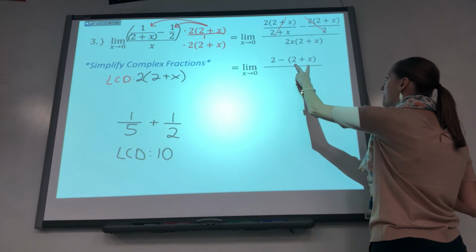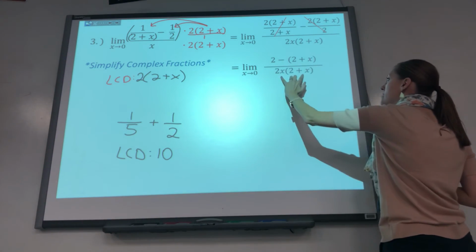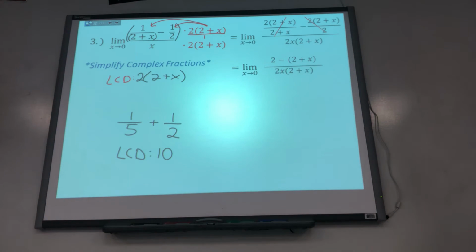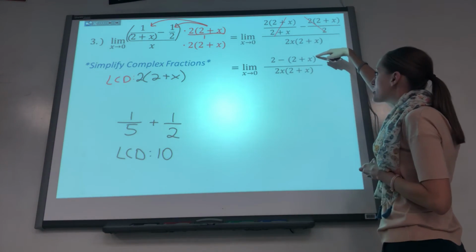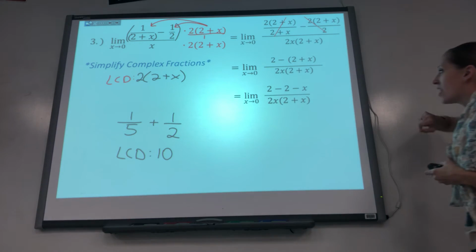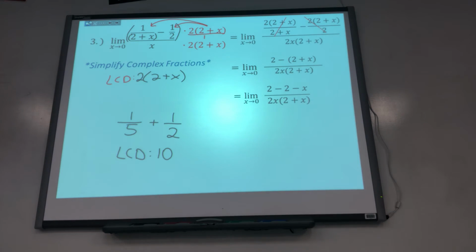I'm just going to leave it like that. And then the denominator is still just 2x times 2 plus x. Okay, here comes the distributing. I'm just distributing a minus on top. Now it says the limit as x approaches 0 of 2 minus 2 minus x all over 2x times 2 plus x.